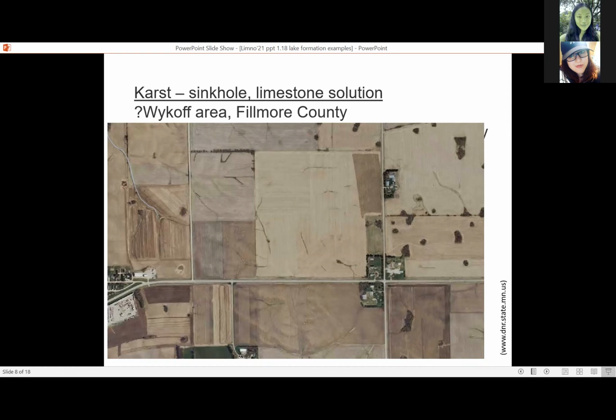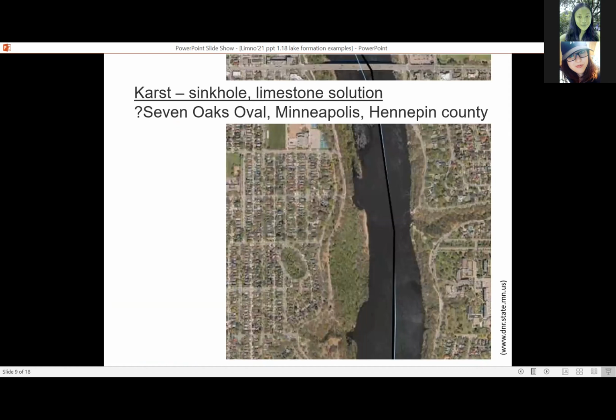Well, I'm not 100% sure it is, but I'm pretty sure that the Seven Oaks Oval here in South Minneapolis, so this is Longfellow, here's Lake Street, Minnehaha Falls is down below the screen on the bottom of the screen.